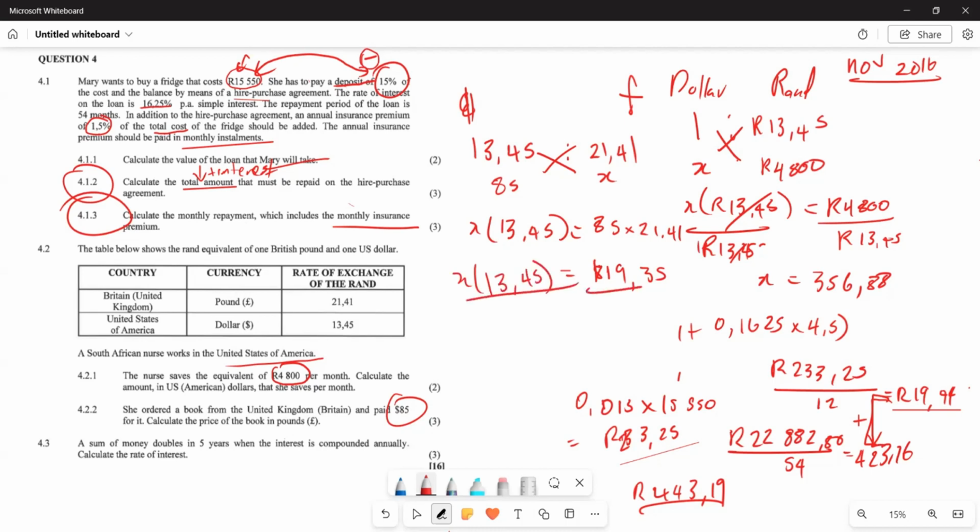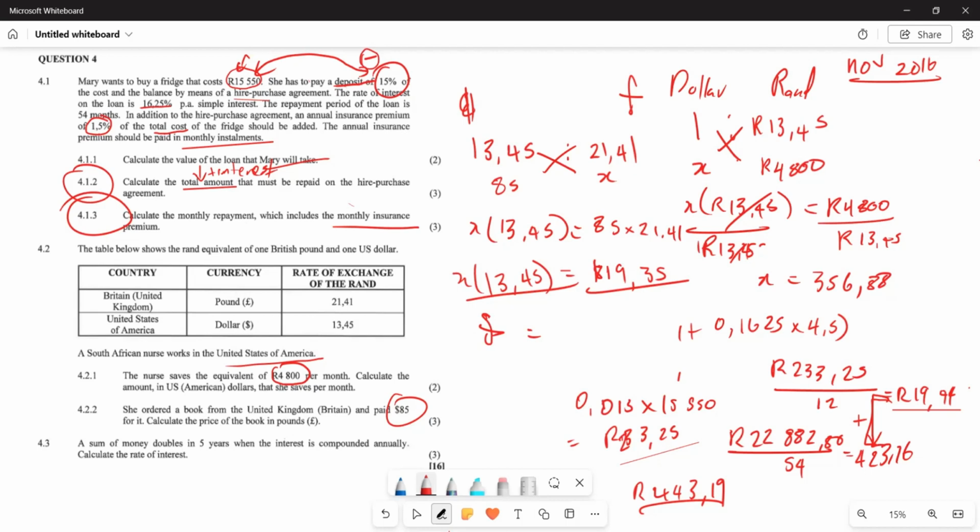Then you divide both sides, and when you're dividing both sides, you'll realize that now your value of your pound, this symbol, the value of your pound is going to be right. When you divide this, you say divide by 13.45.